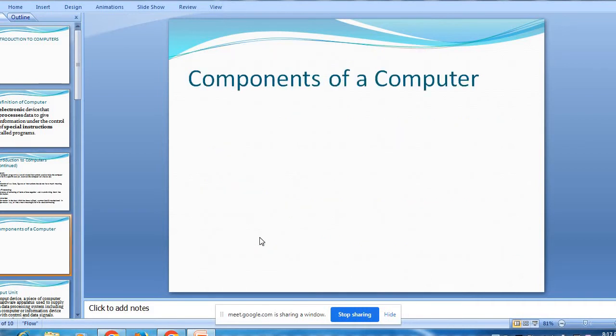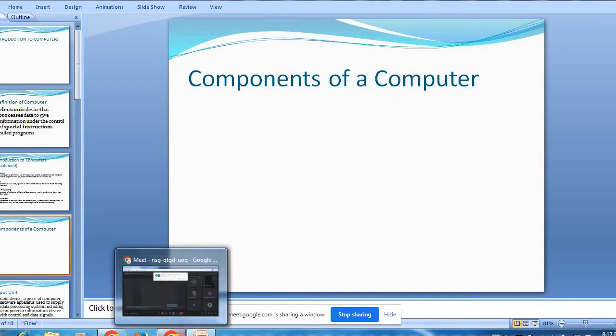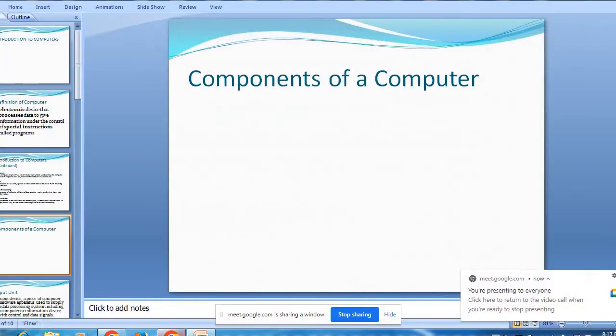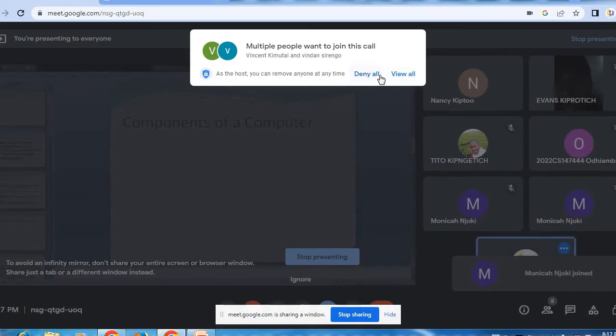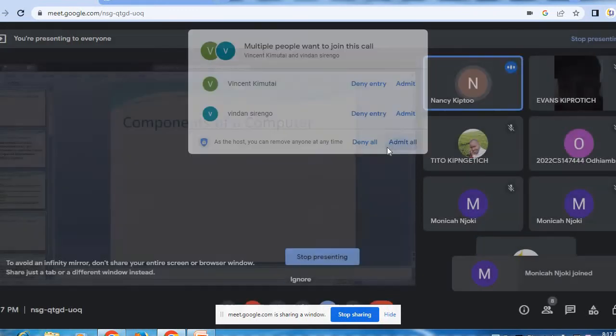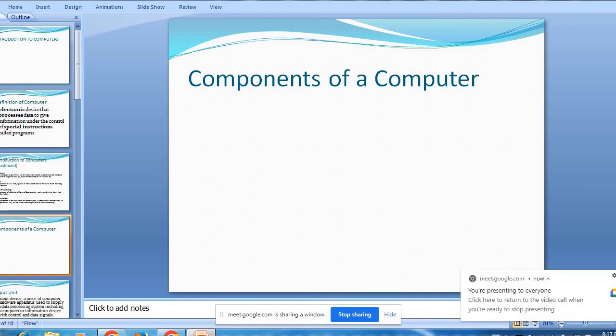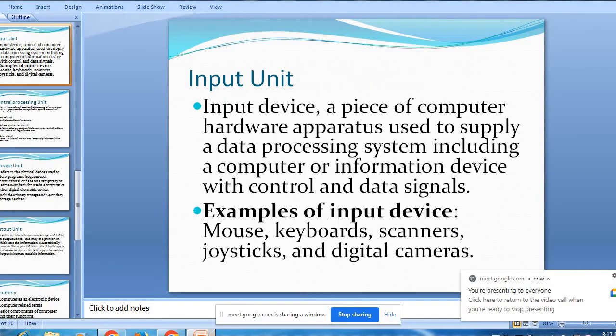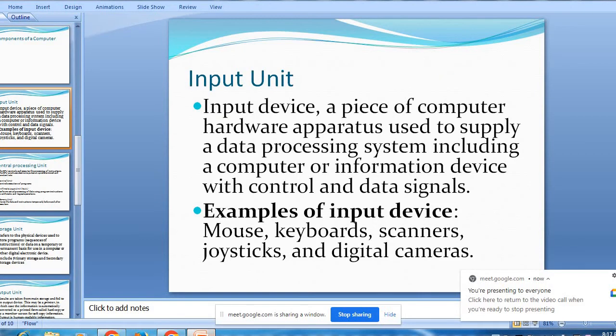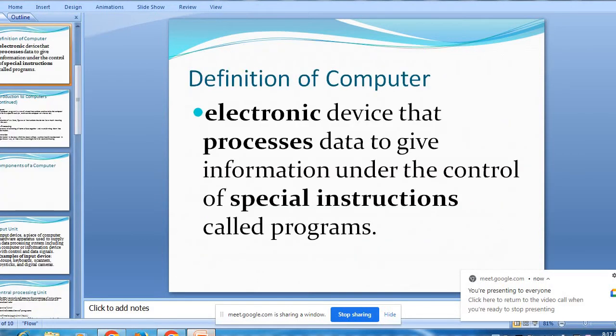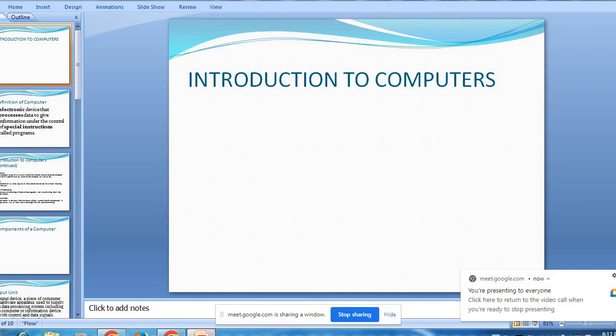Now, our next point is to look at the components of a computer. There are actually 4. One of them is input devices. What happens inside the input unit?